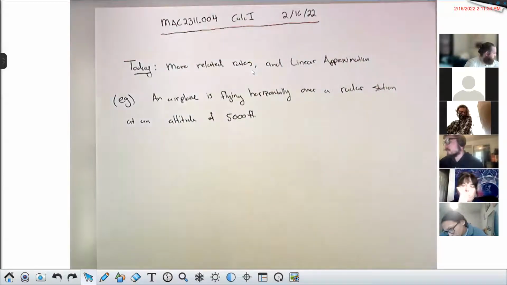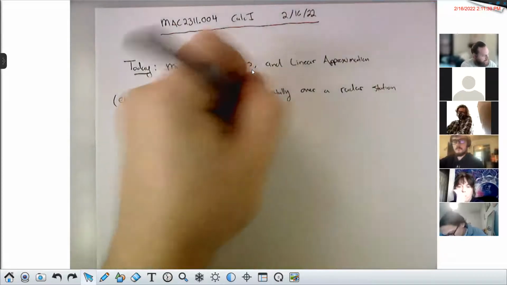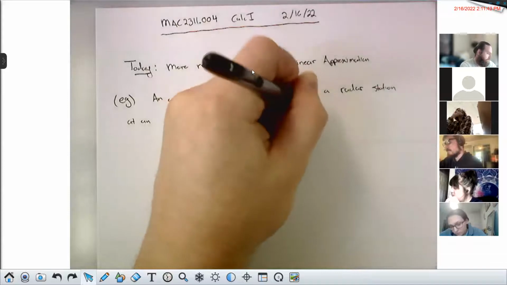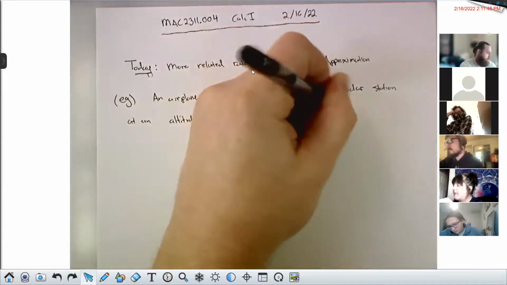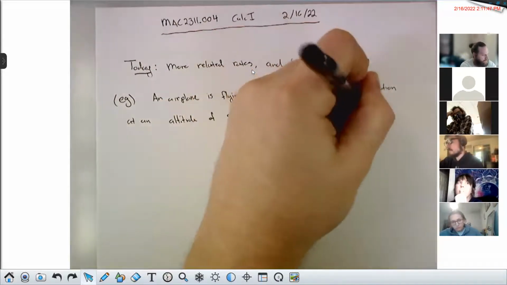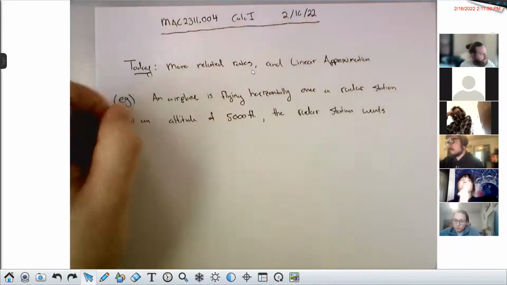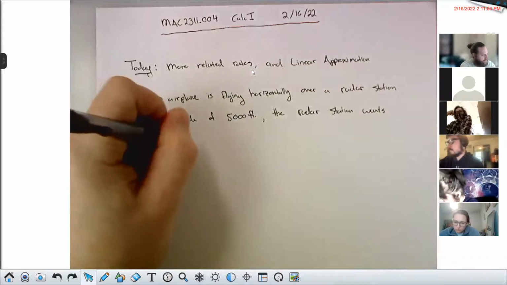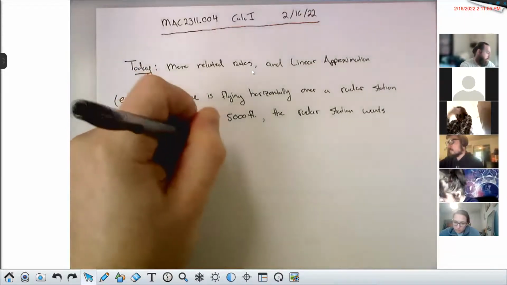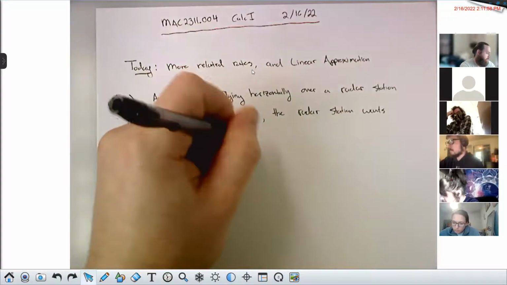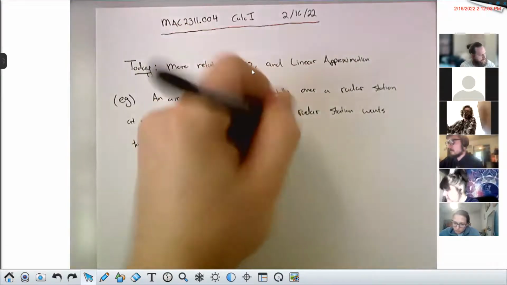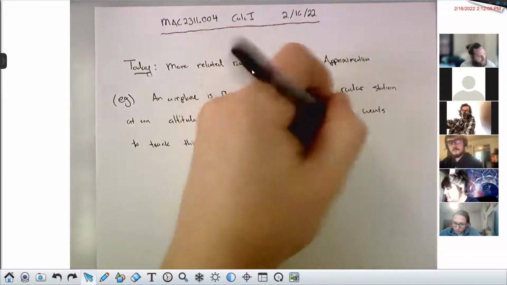Of course, these days, radar is a little bit more sophisticated than this, but the radar station wants to track this plane by pointing its dish at the plane.